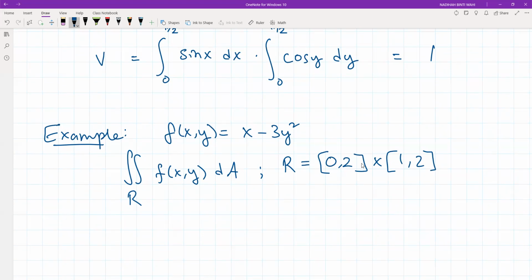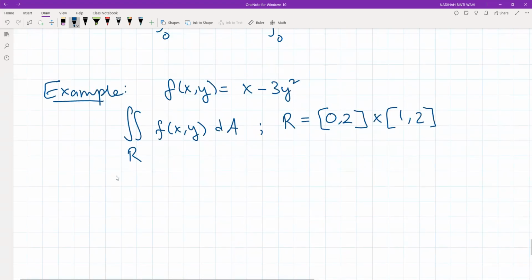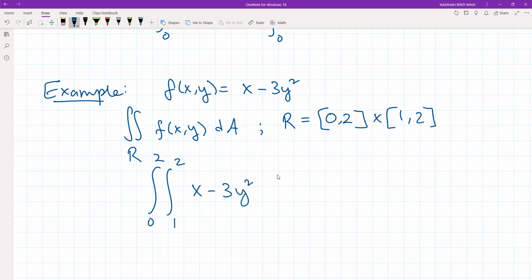So if you cannot separate that, we still can use the iterated integration. So it's not a problem if you want to use this integration. Okay, let's see this. Is it boleh tak kita buat? Okay, let's see. Which one to use first? Okay, so kalau tengok kat sini, just plug in this value. So from 0 to 2 in x-axis, from 1 to 2 in y-axis, x minus 3y cubed dy dx.